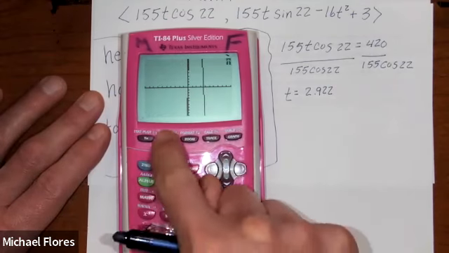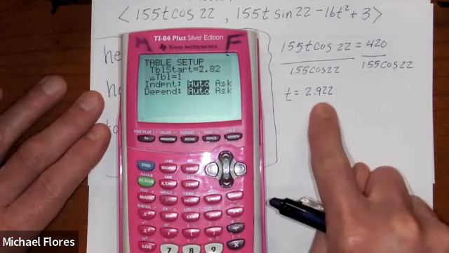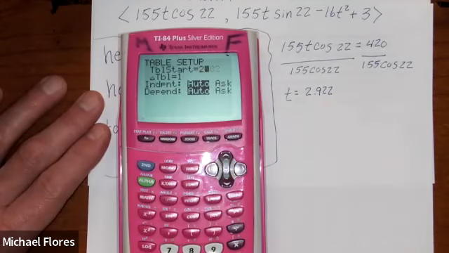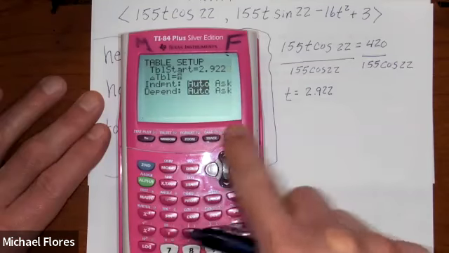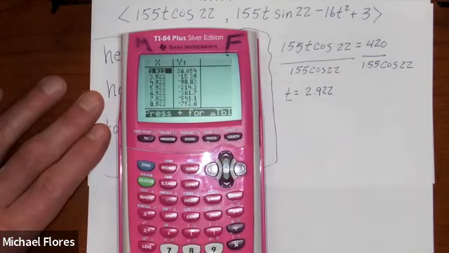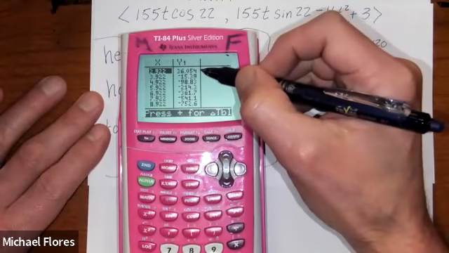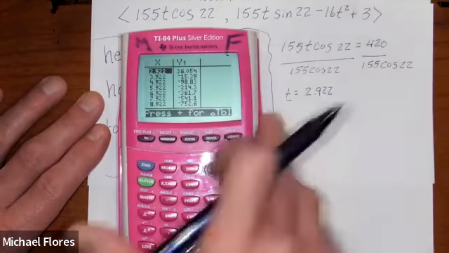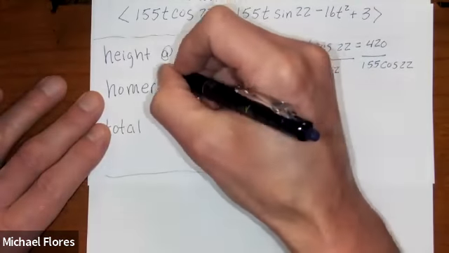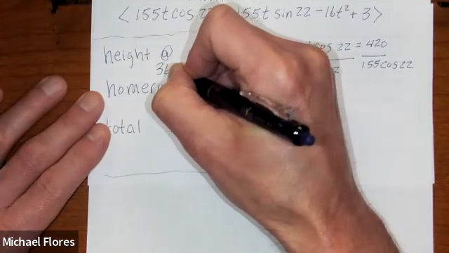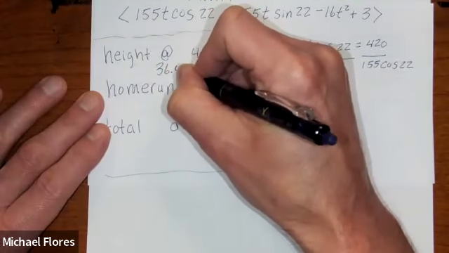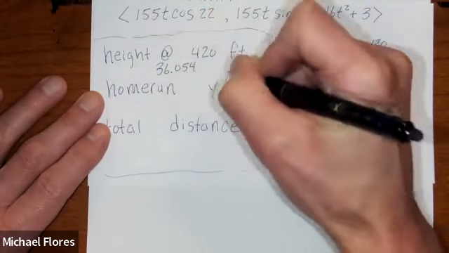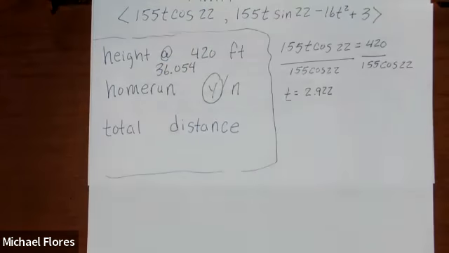So now second window, 2.922. Enter. Second graph. Looks like when the ball reaches the fence, it will be 36.054 feet in the air. Meaning that, yes, it is a home run.